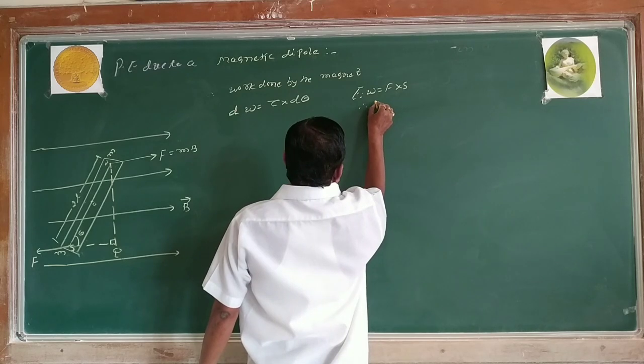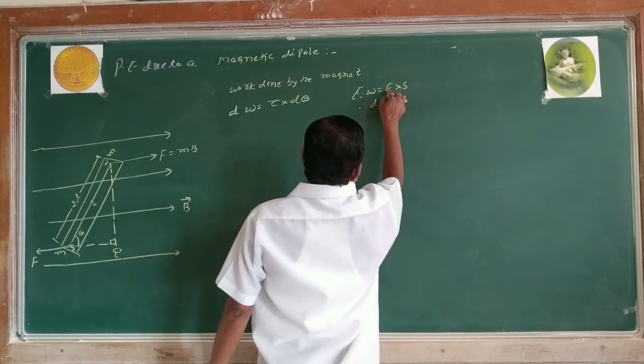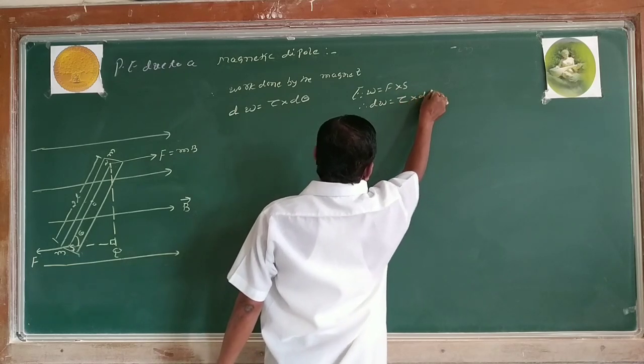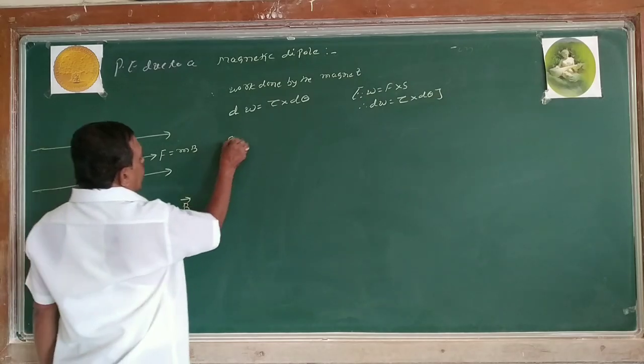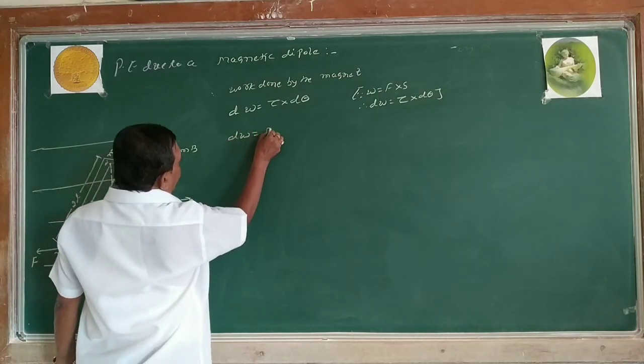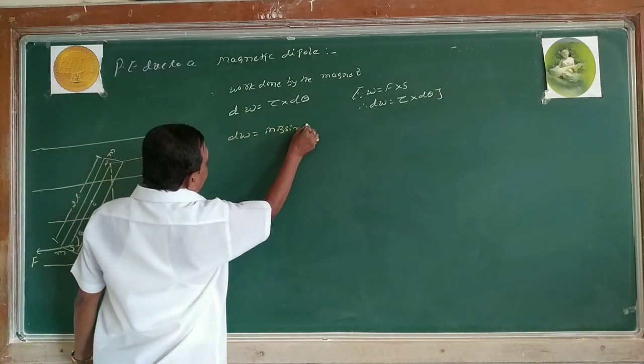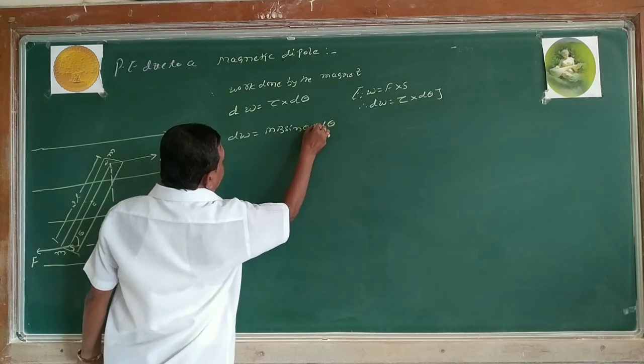Therefore, dW equals rotating force (torque) into angular displacement d theta, so dW equals mB sin theta d theta.